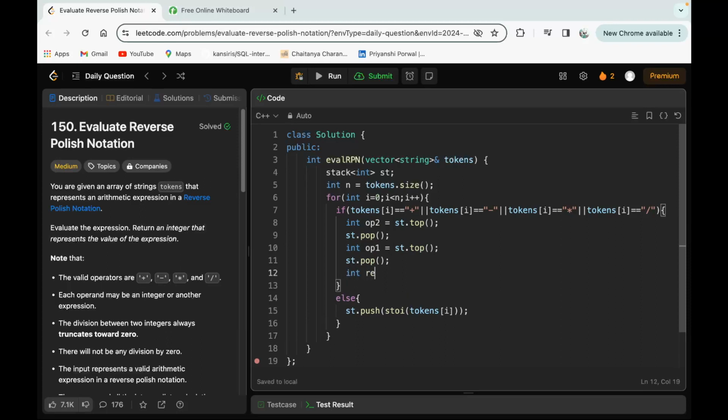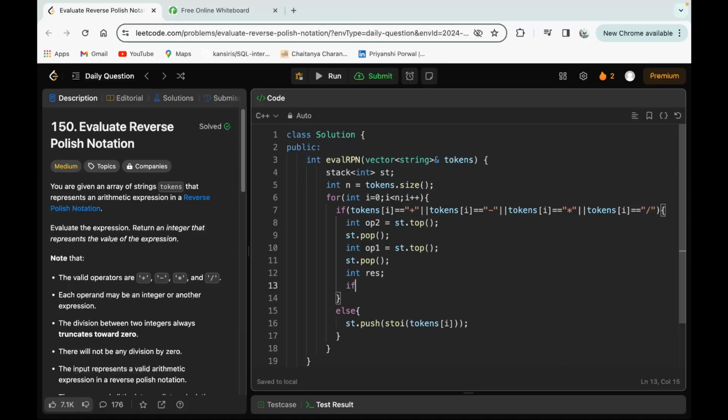Now I will take a res variable. In this res variable I'm going to calculate whatever value I get after performing that particular operation. Now how am I going to know whether I have to do plus or minus or multiplication or slash? So I cannot directly use this tokens of i, because it's a string.